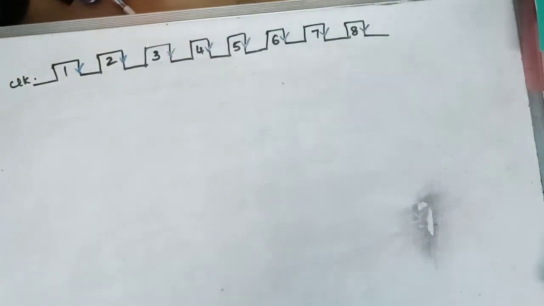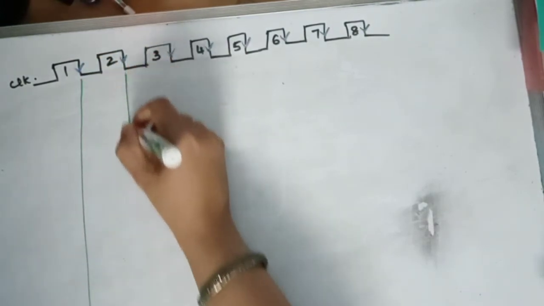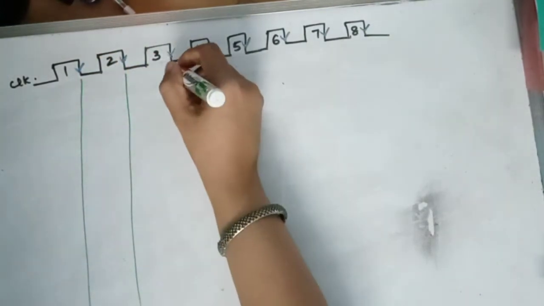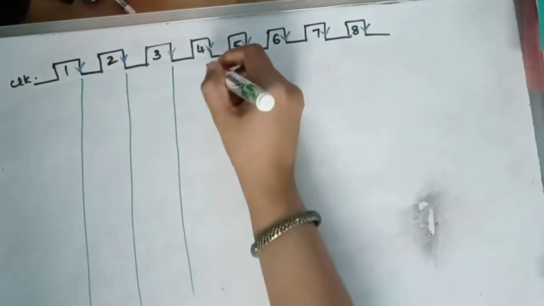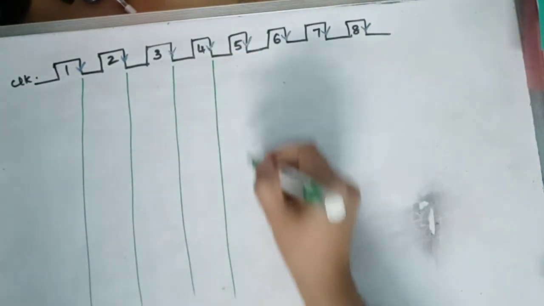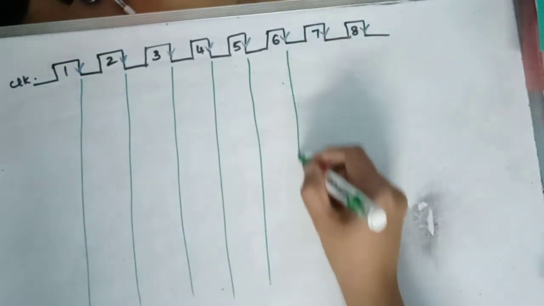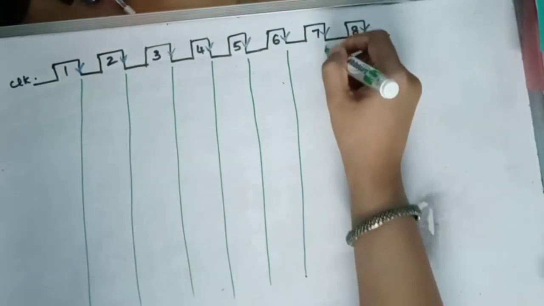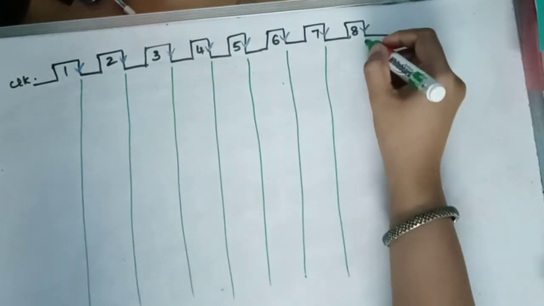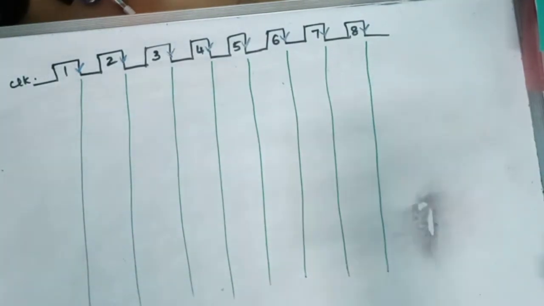Then I'll draw a line which shows that the flip-flop is triggered at that particular edge. A change happens at Qn plus 1 at this particular edge of the clock. Then I'll write the outputs.